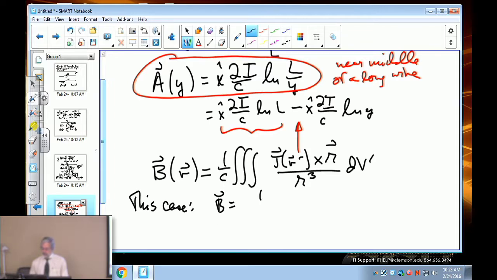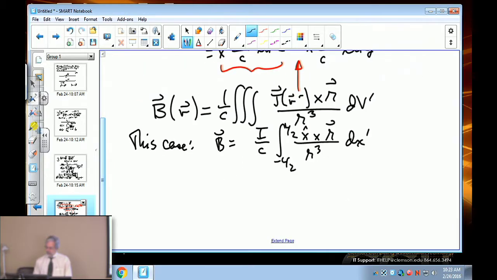I keep forgetting. So I over C integral of x hat cross script R over script R cubed dx prime from minus L over 2 to L over 2. And I have to remember here that script R is going to be negative x prime x hat plus y y hat. Work that out.